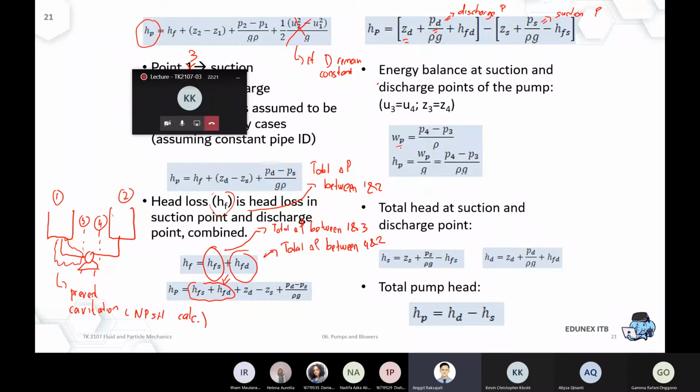So the work of the pump, the head of the pump, that will be the total head generated between reference point 3 and 4. And again, if we just combine everything into the suction part and the discharge part, now the total pump head can be expressed as simple as the total head in the discharge minus the total head in the suction.